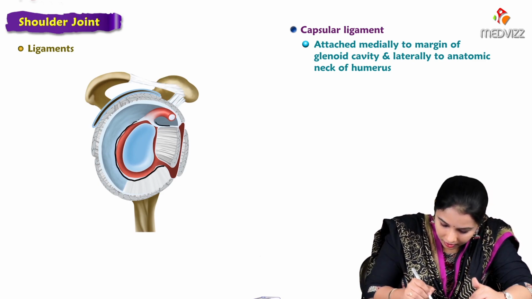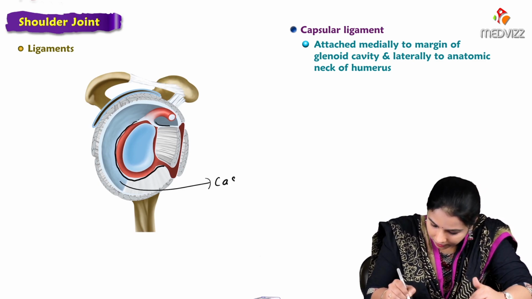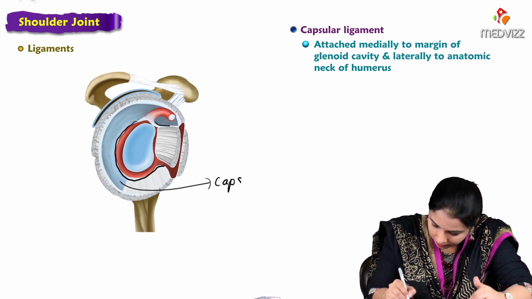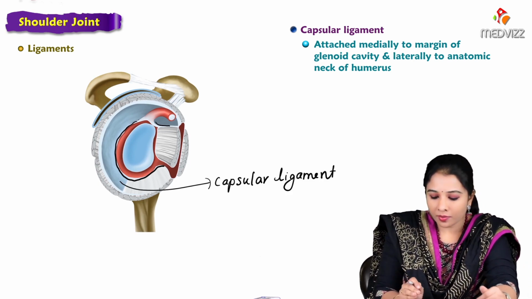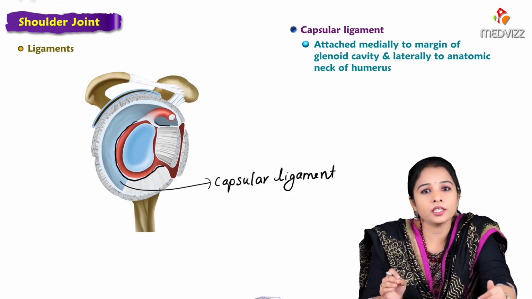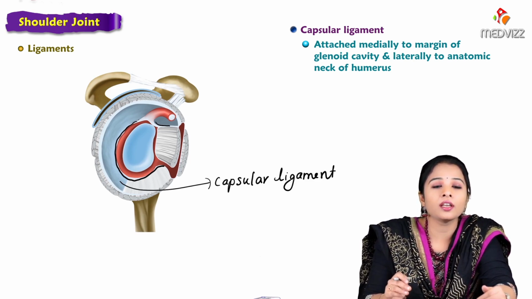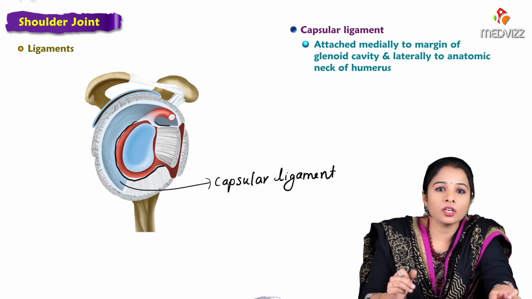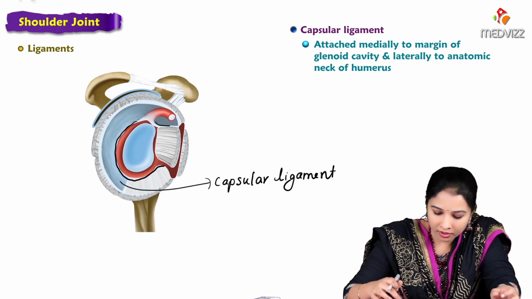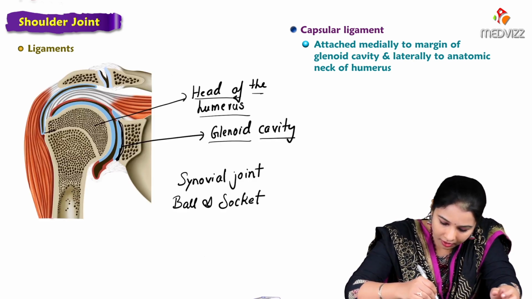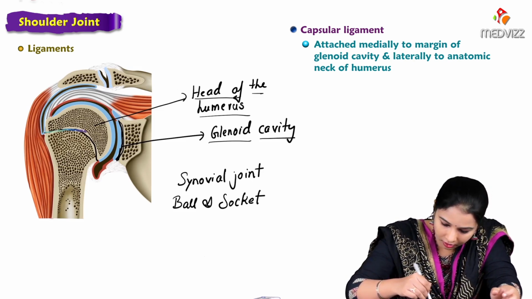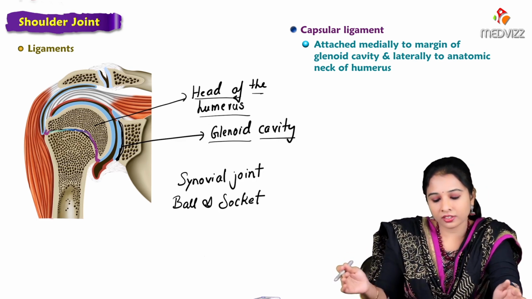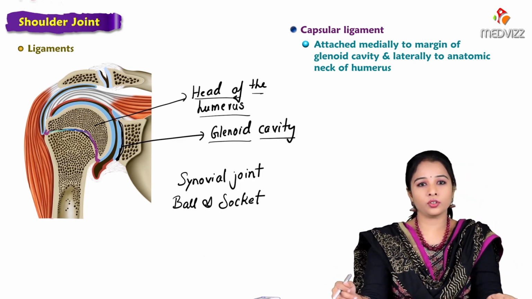This is the capsule. The capsular ligament attaches medially to the margins of the glenoid cavity, and laterally it attaches along the anatomical neck of the humerus, which is where I am drawing.